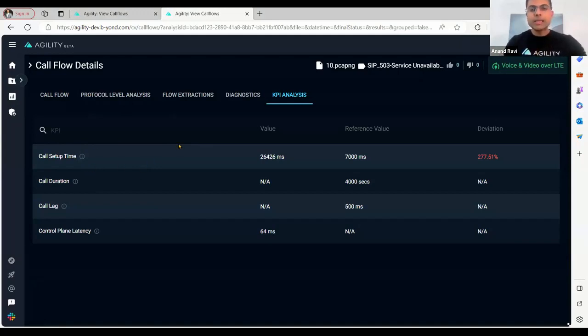But this is completely customizable depending on the service, right? So for voice, I can look at call setup times and latency, but for data services, maybe latency is more applicable, retransmissions or corruption rates, and these kinds of KPIs are very valuable there, right?